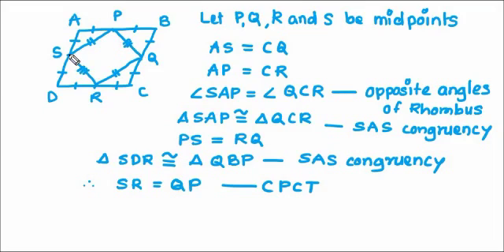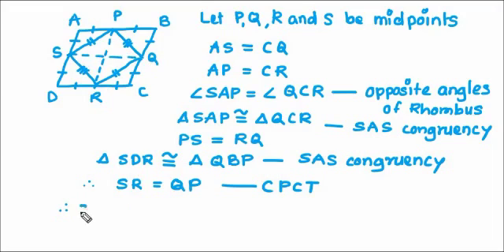now if I draw SQ and if I draw PR, SQ is equal to DC because these two are parallel lines. CD and PB, AB and CD are parallel, and S and Q are the midpoints of AD and BC. So which clearly indicates that SQ is also parallel.